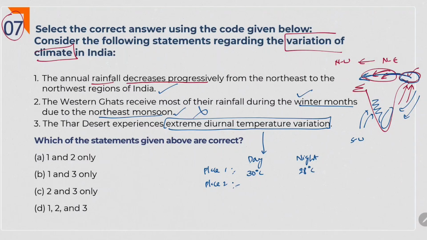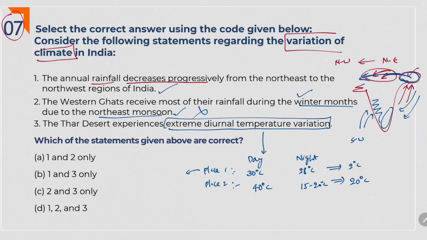But in place 2, the day temperature is as high as 40 degrees centigrade. At night, it drops to around 15 to 20 degrees centigrade. If you see the variation between day and night temperature, in place 1 the temperature difference is 2 degrees and in place 2, approximately 20 degrees.